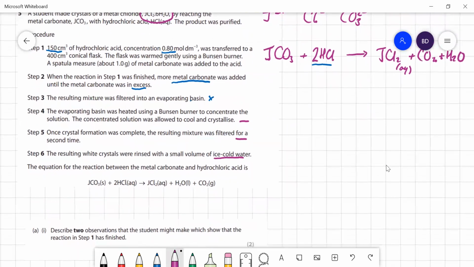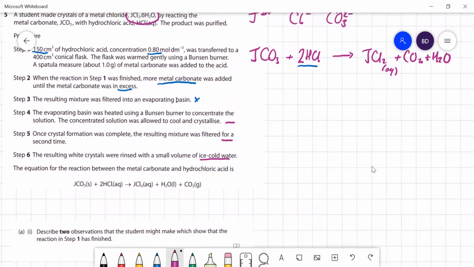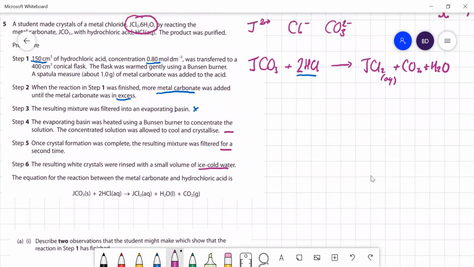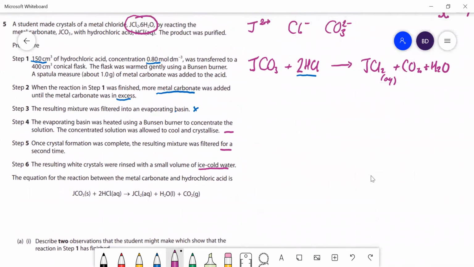Okay. Describe 2 observations the student might make which show that the reaction in step 1 is finished. So in step 1, you're adding hydrochloric acid to a little bit of metal carbonate. How can you tell it's finished? You say the fizzing has stopped, no more carbon dioxide.